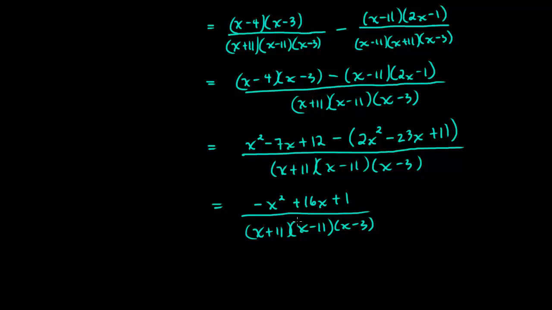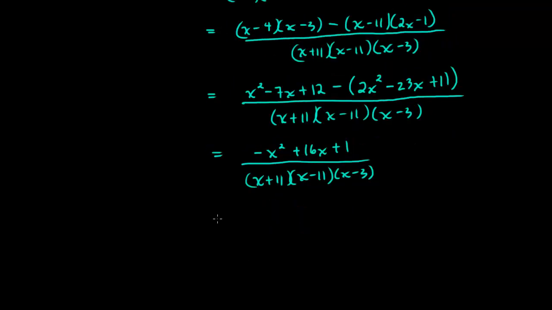So I can leave my expression like this now that I've subtracted the numerators and simplified. But one thing you can do to write this in a nicer way is to factor negative 1 out, so that we have a positive coefficient beside the highest degree term.